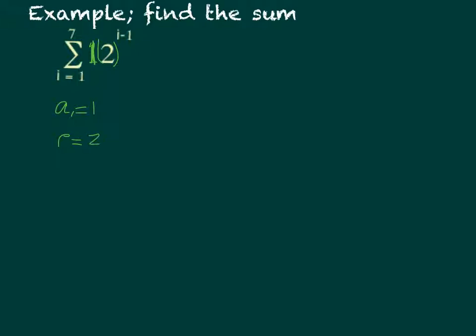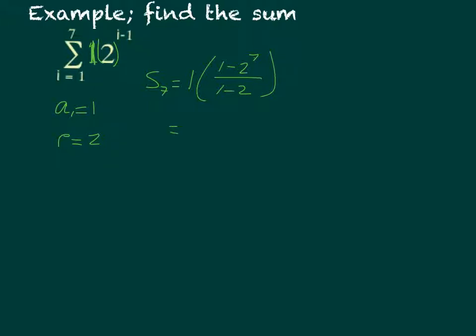And then I put it into my formula, which would be my 1, S sub 7 equals 1 times 1 minus 2 to the 7th power divided by 1 minus 2.